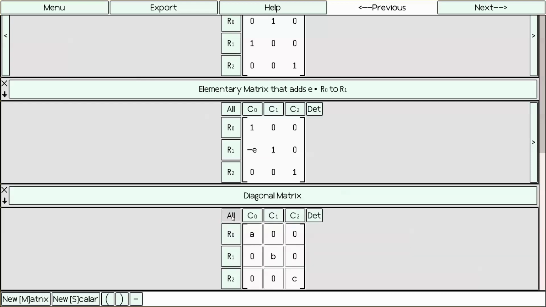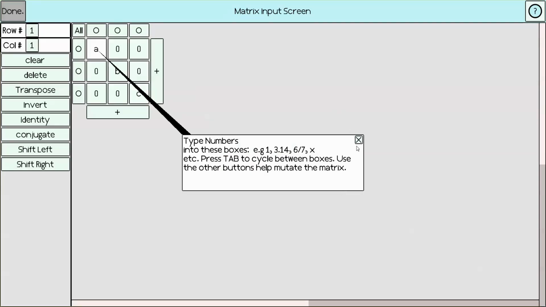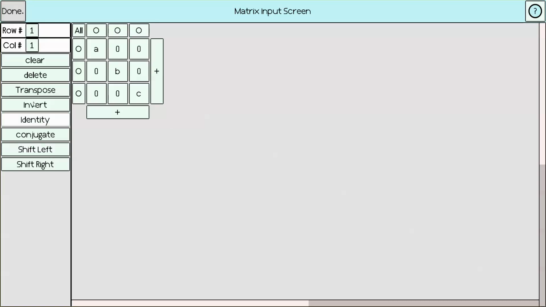Another interesting thing about diagonal matrices is that the inverse is equal to the multiplicative inverse of each of the diagonal elements. So if you ever need to invert a diagonal matrix, you can just put 1 on top of them and divide wherever it is by 1 to compute the multiplicative inverse.